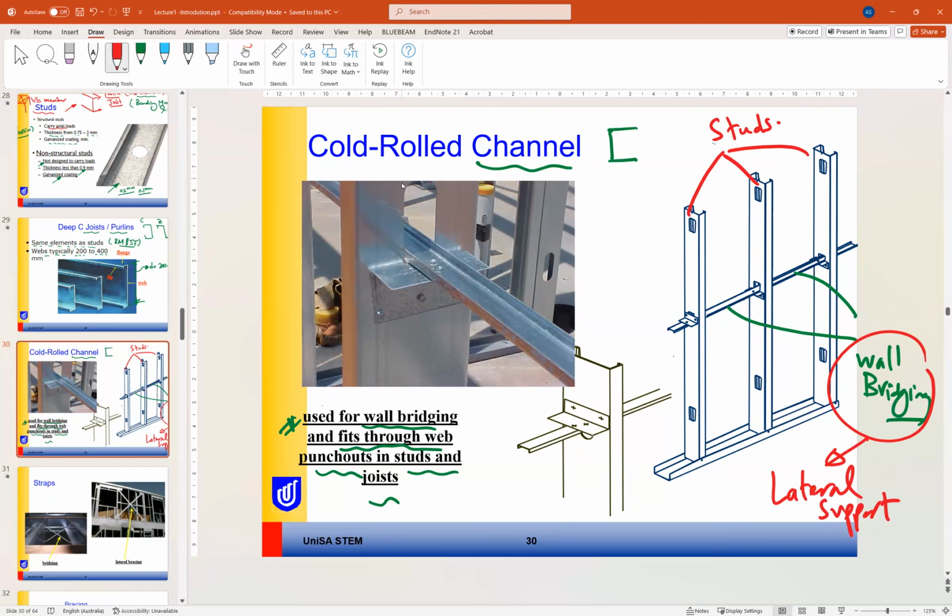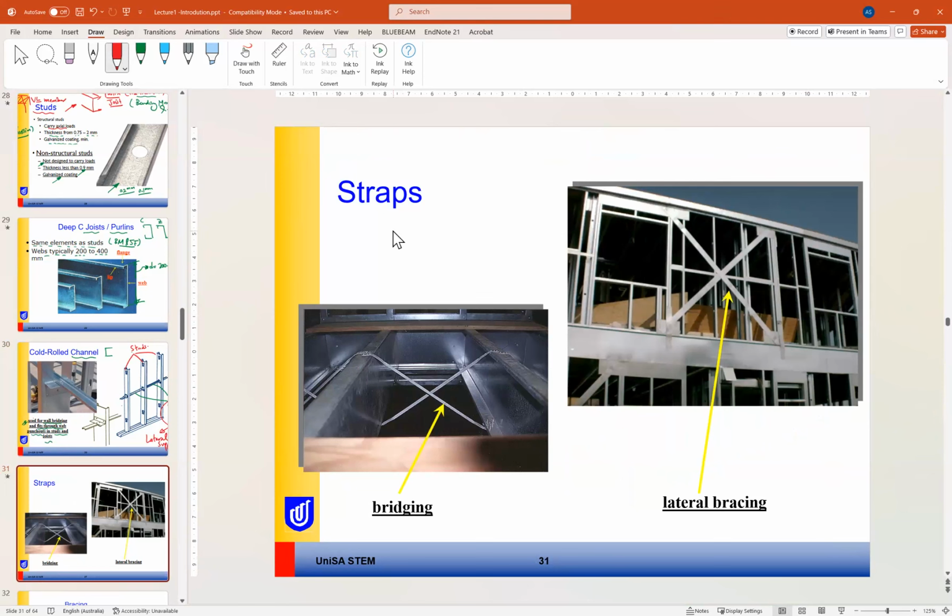So this is also one cross-section shape of the cold formed sections. Another shape or another element is straps or bracing members. So as you can see, for example, if you have this element here, this diagonal bracing is used to resist lateral loads.